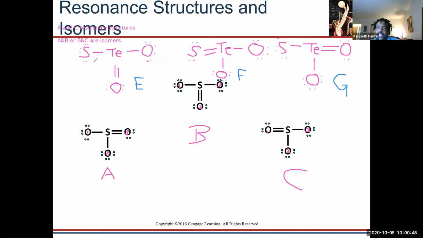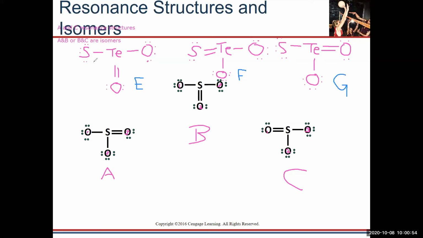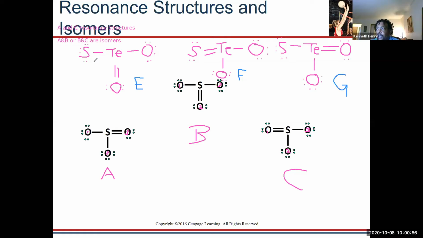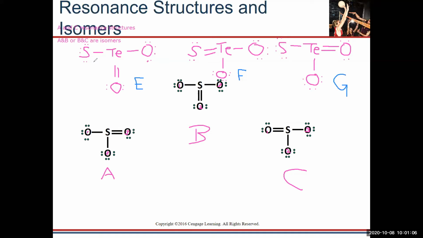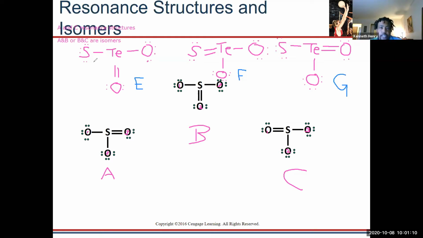So if we're looking at E, F, and G, which ones are resonance structures of each other? E and G, because that's where the electrons are being moved. We're moving from one oxygen to another oxygen. So E and G are going to be resonance structures of each other.